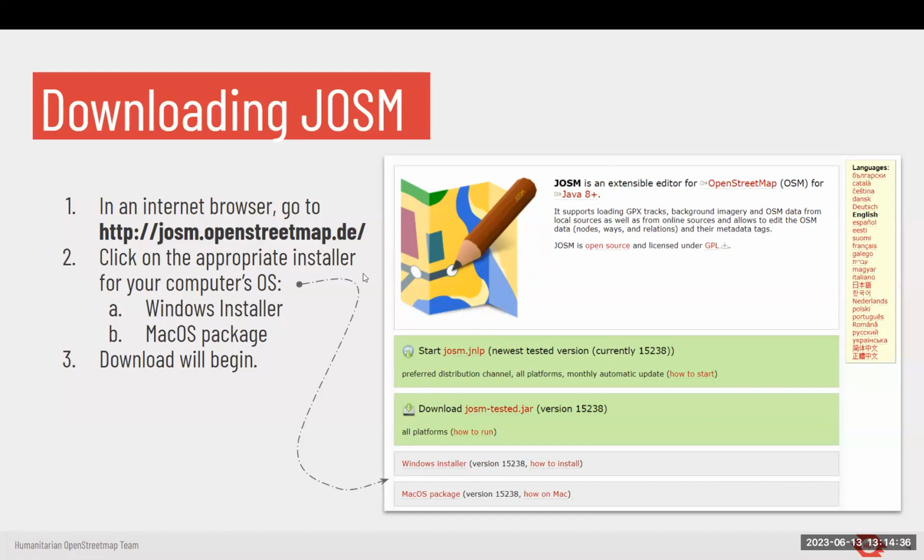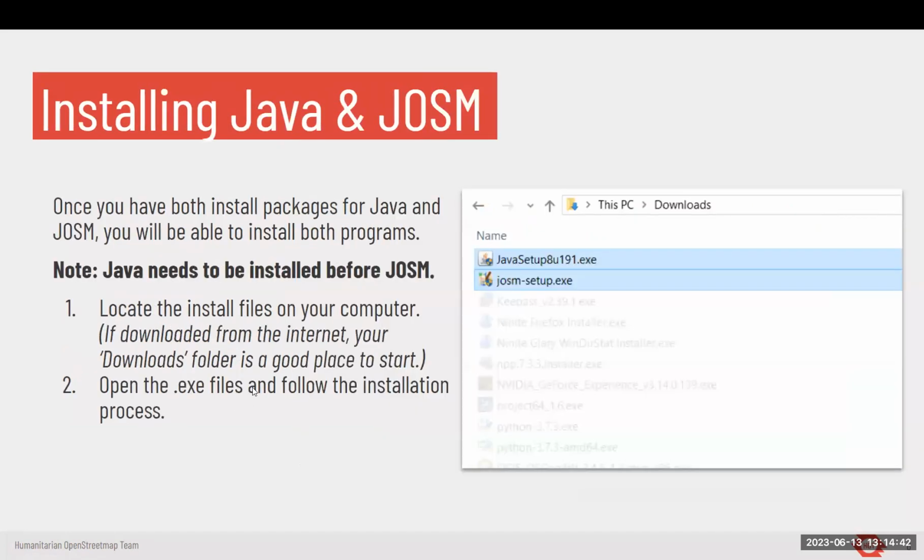It's only 70 megabytes for the installation software. And then to have JOSM ready to use on your computer, you need to install Java before installing JOSM. And don't worry if you forget to install Java before that, JOSM will remind you about that.